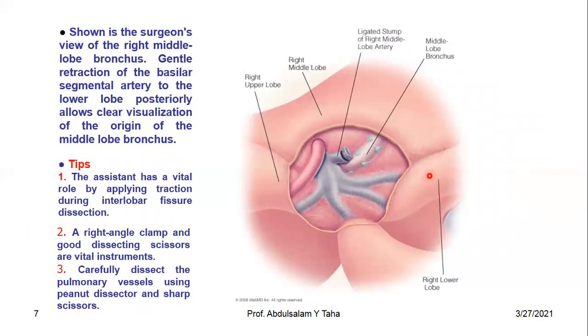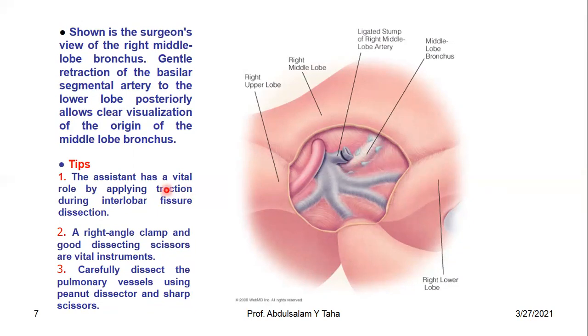This is another view of the right interlobar fissure, and in this view, the right middle lobe artery has been ligated and divided during the procedure of right middle lobectomy. What remains is the middle lobe bronchus, which should also be divided and closed in order to do middle lobectomy.